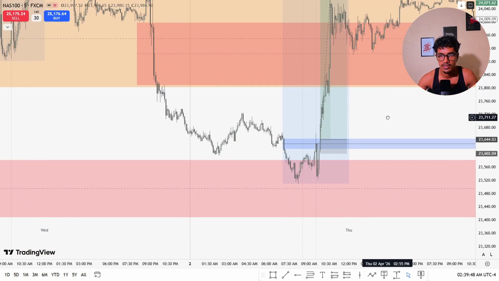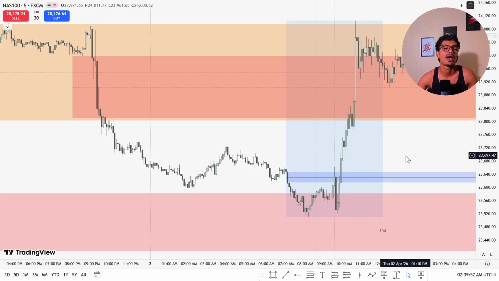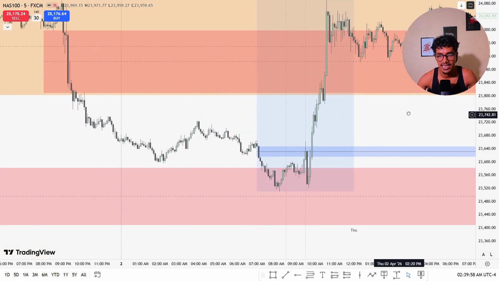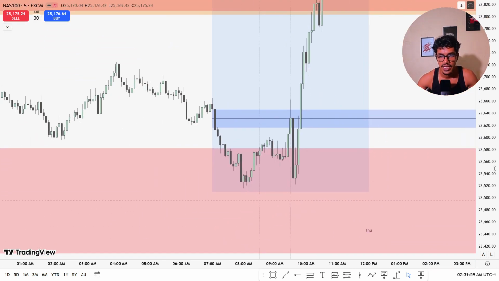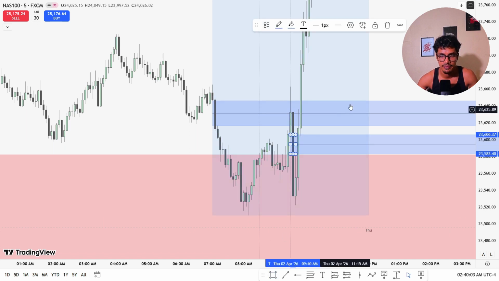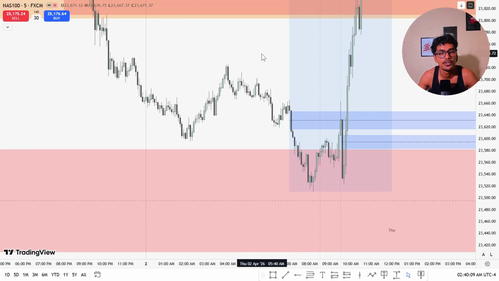If I even drop down to a 1-minute time frame, we could see more precise entries there. But there were multiple inverse fair value gaps. Here we had another CB, but the narrative is that we already dropped to the daily inverse fair value gap, where we expect price to retrace back up.